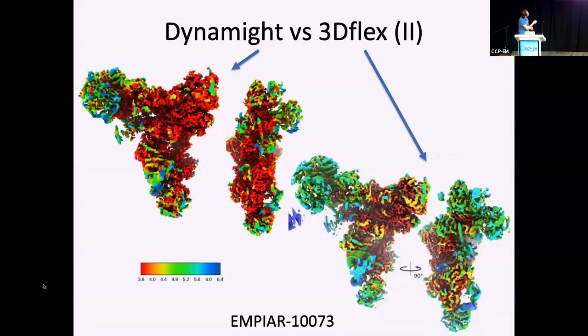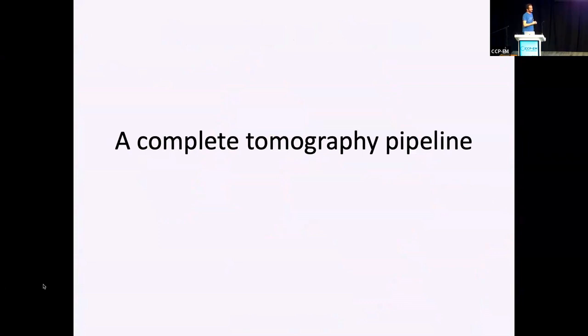We used CryoSPARC to do the local resolution estimate, because that's what the 3D Flex paper also used, and we get better local resolution estimates than the ones in 3D Flex. But as I say, I'm not a fan of these kinds of comparisons, because I think they can be gamed.